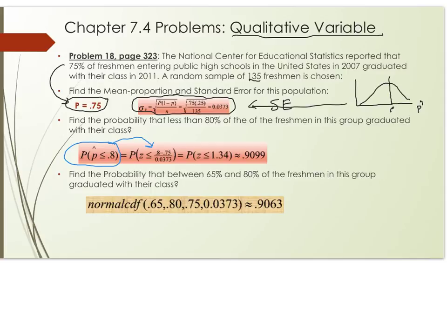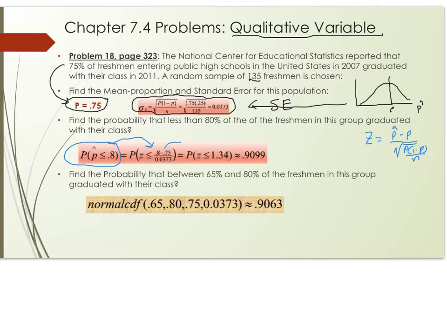Remember, z in this case is p hat minus p divided by the square root of p times 1 minus p over n. So this is the standard error.